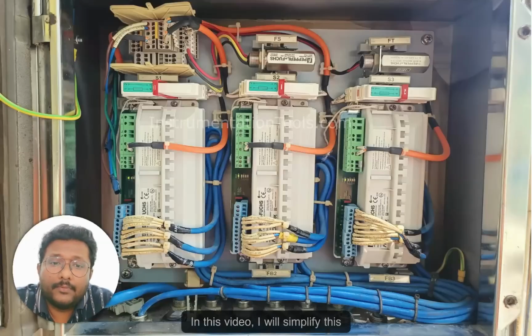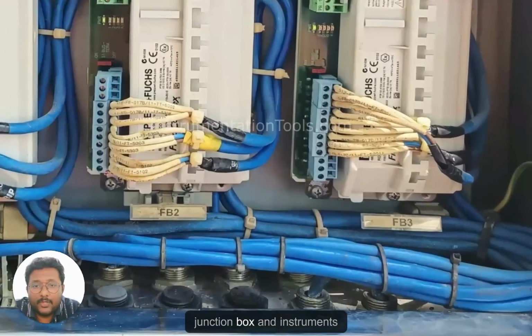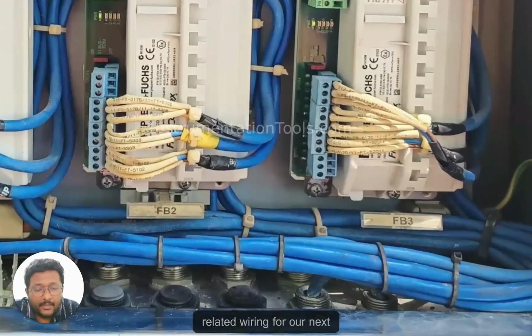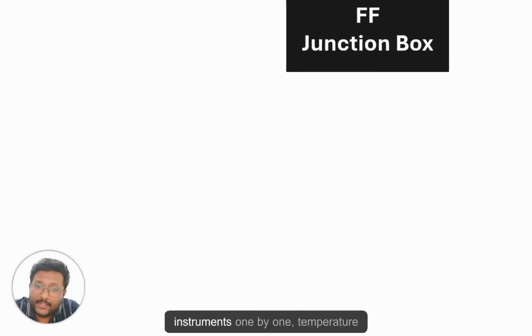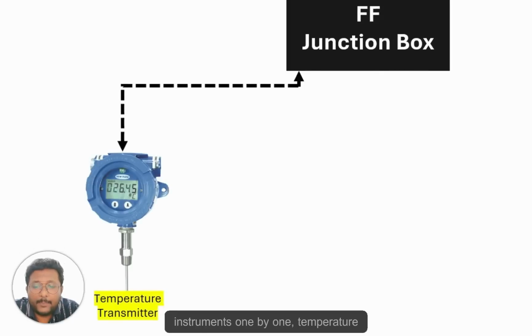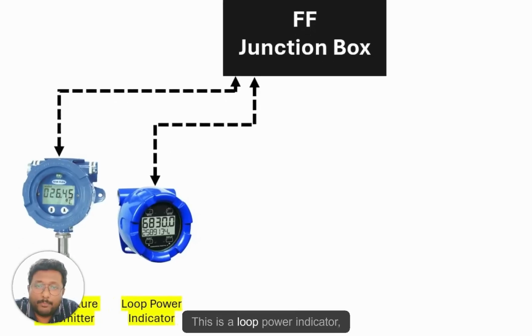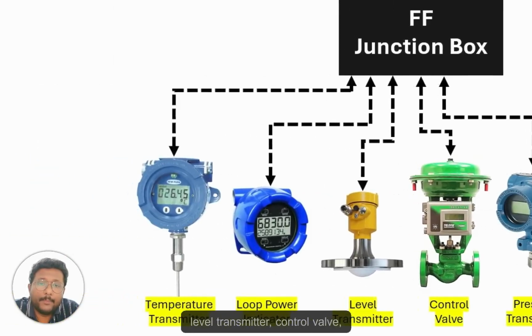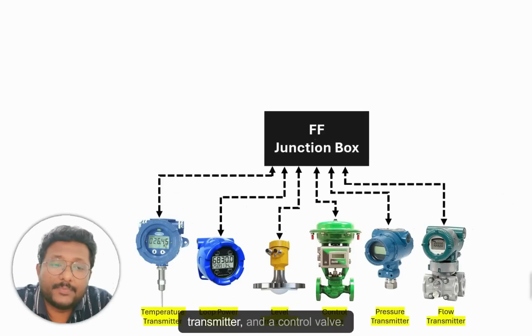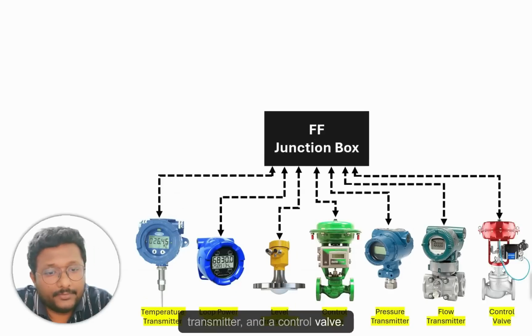In this video, I will simplify this junction box and instruments related wiring for our next upcoming videos. So what I will do, I will take one FF junction box like this and I will connect field instruments one by one. Temperature transmitter, this is a loop power indicator, level transmitter, control valve, pressure transmitter, flow transmitter, and a control valve.